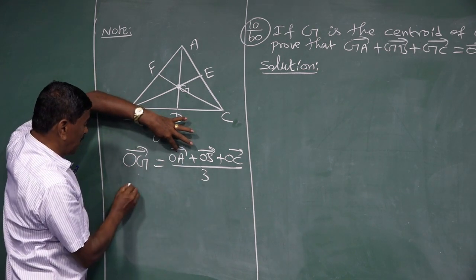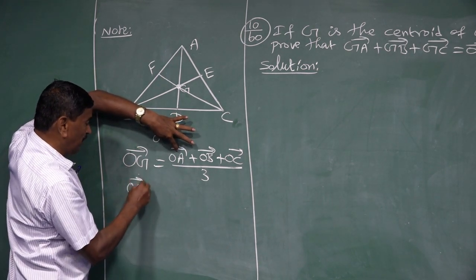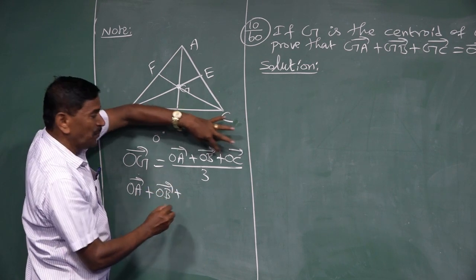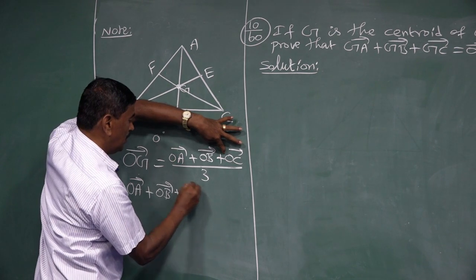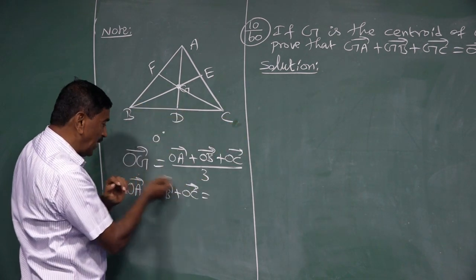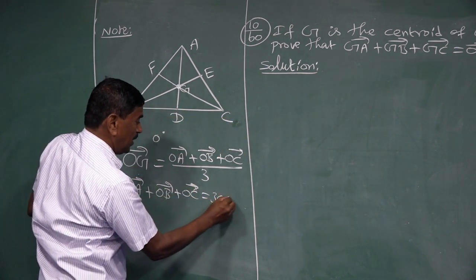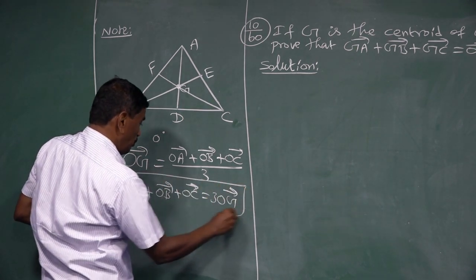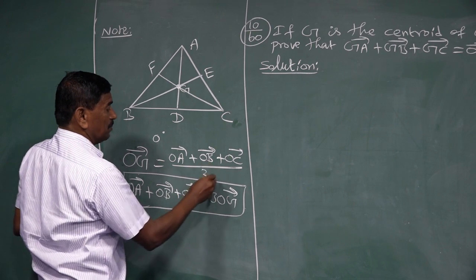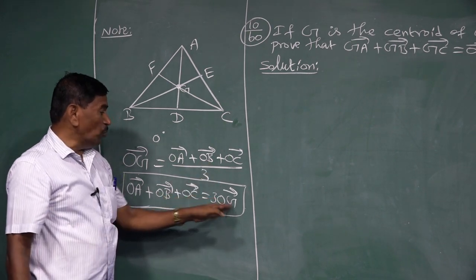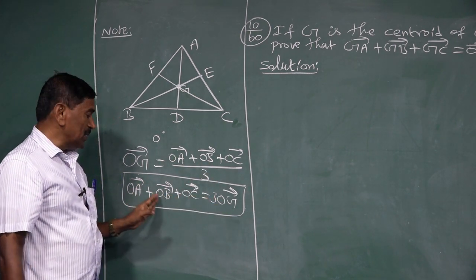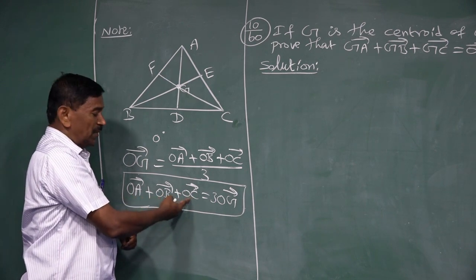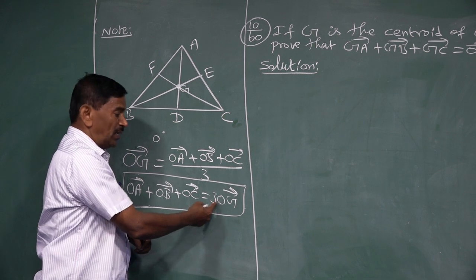The last step we are going to use in the next sum. So, 3 OG vector is equal to OA vector plus OB vector plus OC vector. Conversely, OA vector plus OB vector plus OC vector equal to 3 into OG vector.